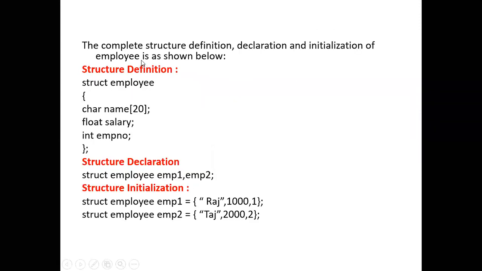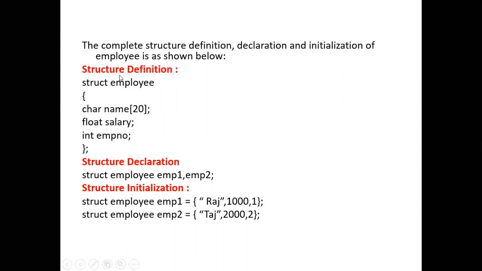In this slide we have the complete structure definition, declaration, and initialization of employee. Whatever we have studied so far, definition, declaration, and initialization, we have put in one single slide.